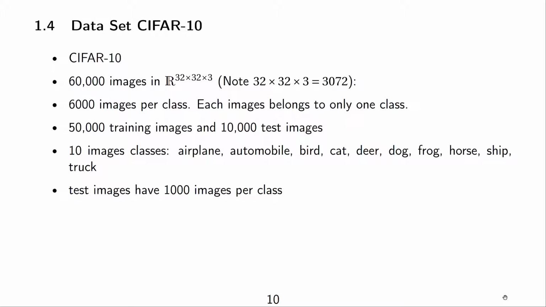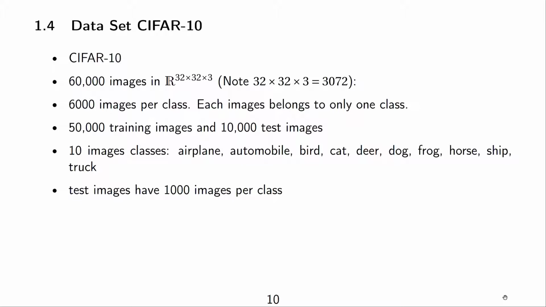Now, how many classes are there? As you can guess, there will be 10 classes, and CIFAR-10, the name indicates the number of classes already. Then there's a fixed split of 50,000 training images and 10,000 test images. The 10 image classes are airplane, automobile, bird, cat, deer, dog, frog, horse, ship, and truck.